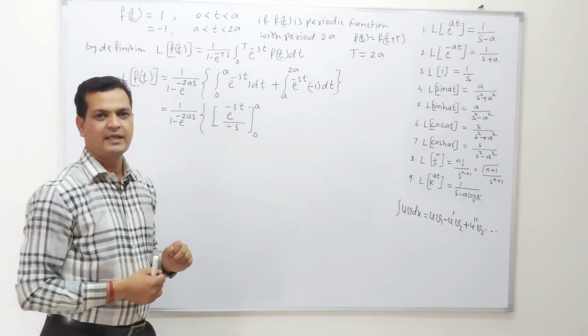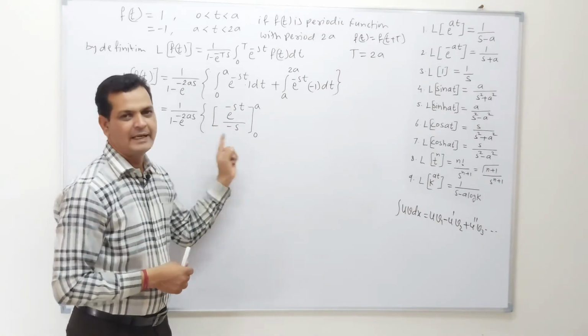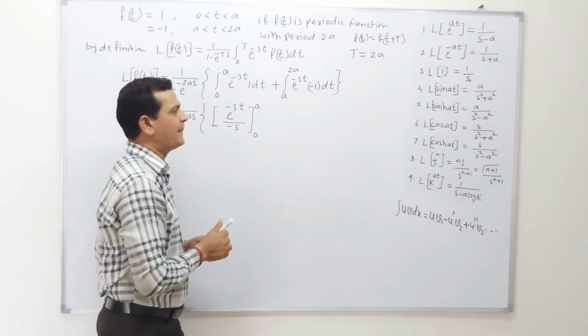Here the exponent is other than x, so the derivative of minus st with respect to t is minus s. That's why the denominator term is minus s.